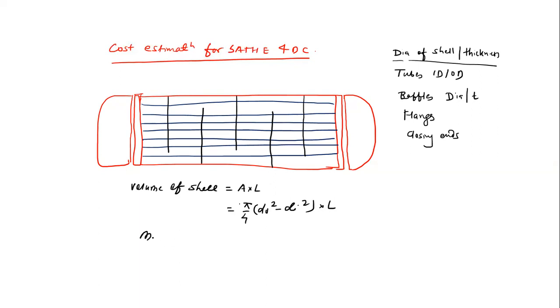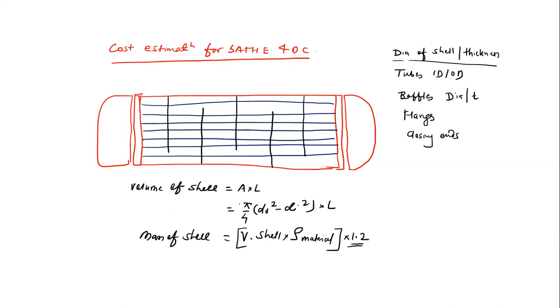So the mass of shell. What is the mass of shell? This volume of shell into density of material going into it. This will give you the mass of shell. Now when you make any shell, it is not going to be the exact material you're using. Some material goes waste. So let's say 20% going waste.